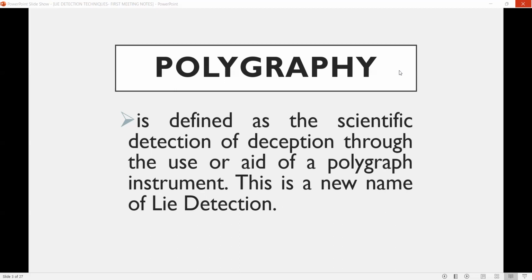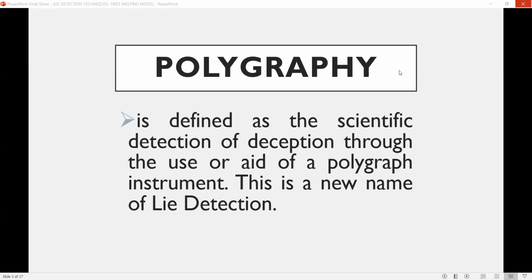And also polygraphy is also known as forensic psychophysiology. The word forensic refers to the use of scientific knowledge or methods in solving crimes. Psychophysiology is a branch of psychology which is concerned with the psychological, meaning the mind, and the physiological basis. Meaning the body. In other words, it's the study of how the mind interfaces with the body.